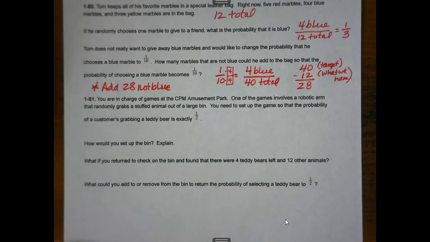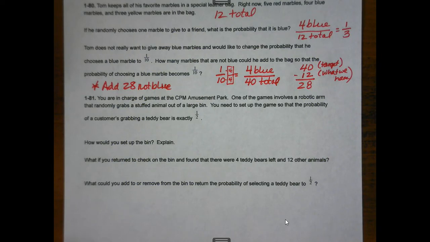And one of my favorite problems that we have, I would like to be in charge of a game at an amusement park or at a fun family night at a school. And one of the games that I could be in charge of involves a robotic arm that randomly grabs a stuffed animal out of a large bin. We are supposed to set up the game so that the probability of a customer grabbing a teddy bear is exactly 1/2. So how could we set up the bin?